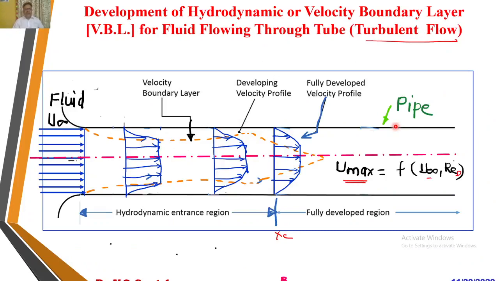Similarly, development of hydrodynamic or velocity boundary layer for fluid flowing through a tube will take place in case of turbulent flow. Now in case of turbulent flow, similar phenomena will be observed.